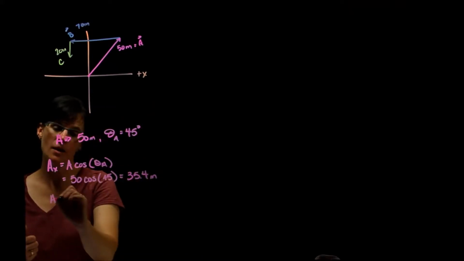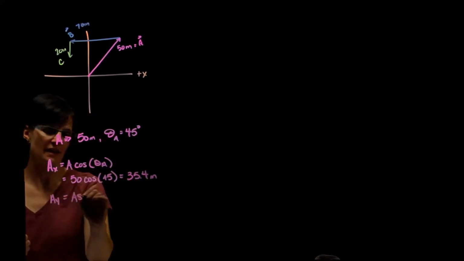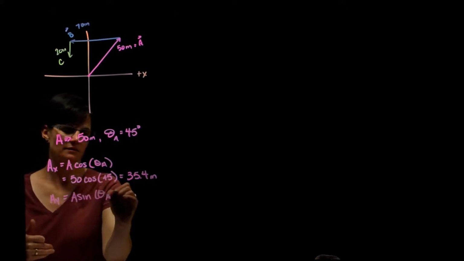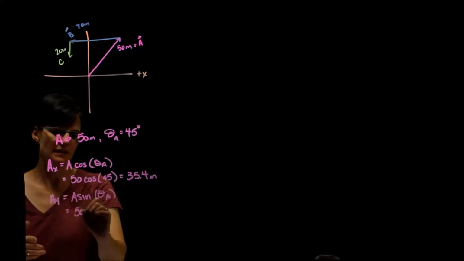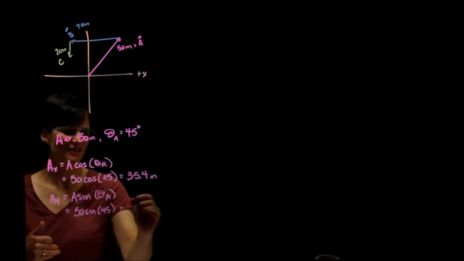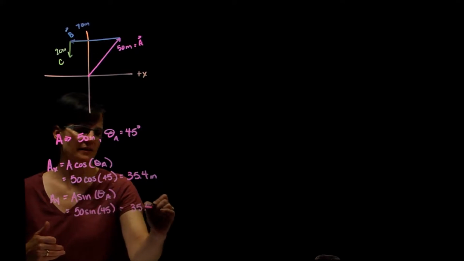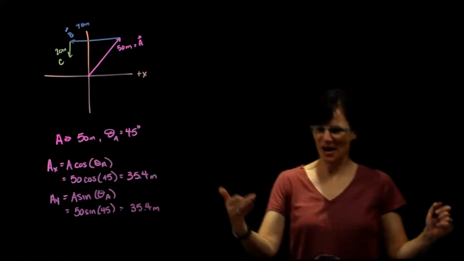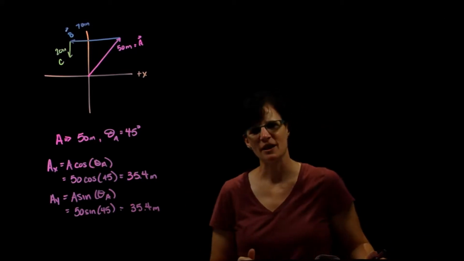Our y component is our magnitude times the sine of the angle. So we have 50 times the sine of 45, and as you all know about 45-degree angles, their components are the same. So there are our x and y components for vector A.